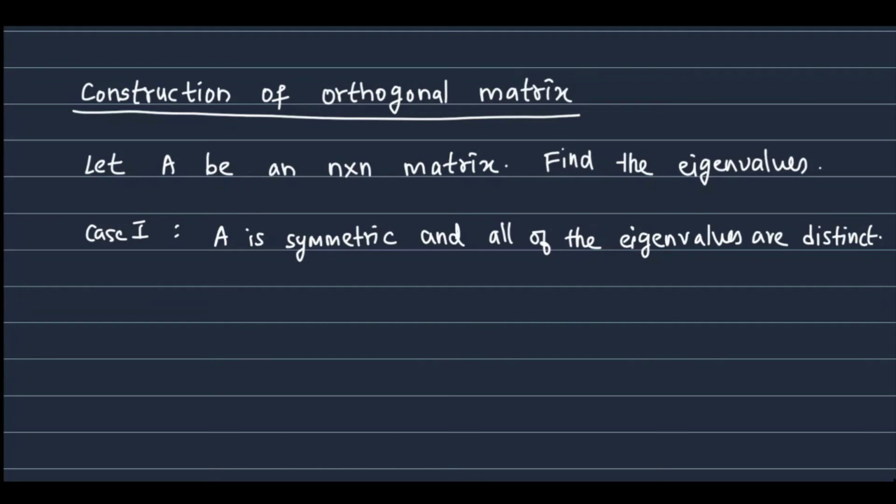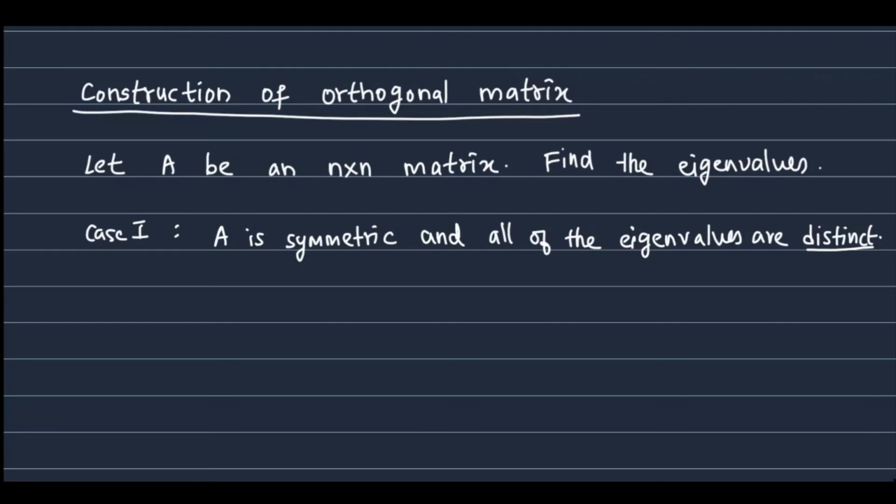So if A is symmetric and all the eigenvalues are distinct, then we have studied a theorem which says that the eigenvectors corresponding to distinct eigenvalues are orthogonal. Then the eigenvectors will be orthogonal.